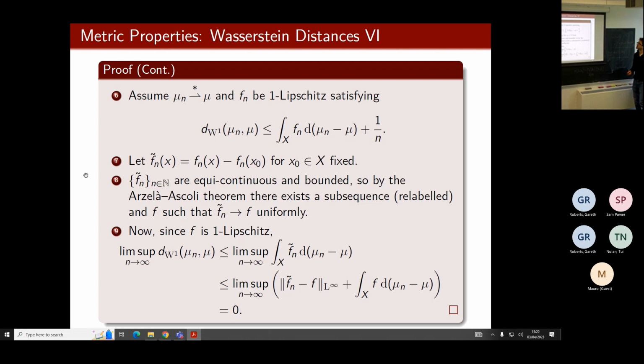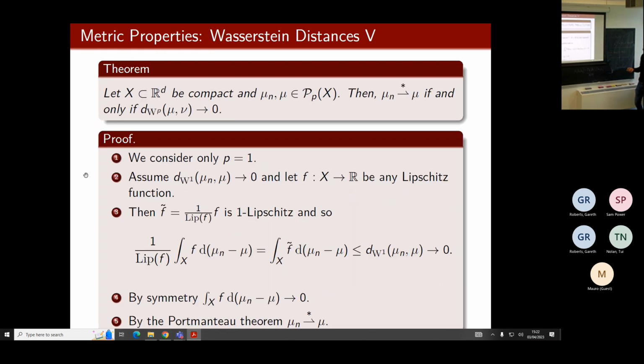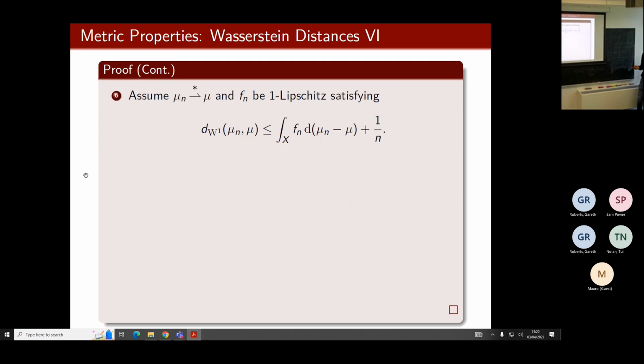Yes, you're right. I actually thought I wrote it down, but I haven't. If you take away compactness from here, what you have is that weak star convergence plus convergence of p-th moments is equivalent to Wasserstein convergence. In compactness, you don't have to worry about the convergence of p-th moments.